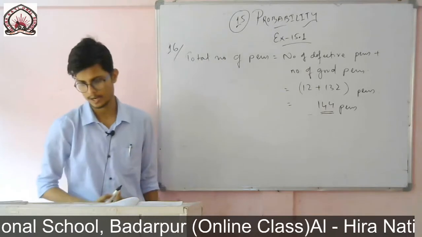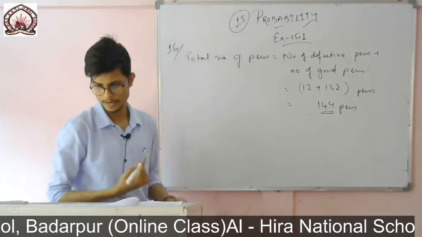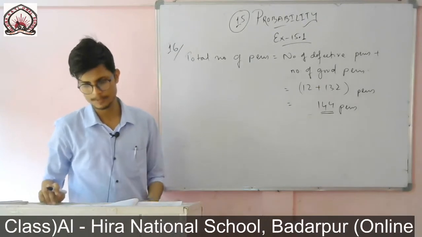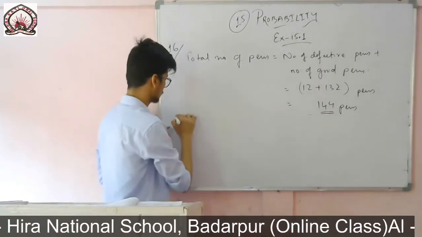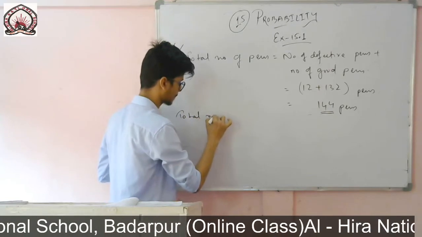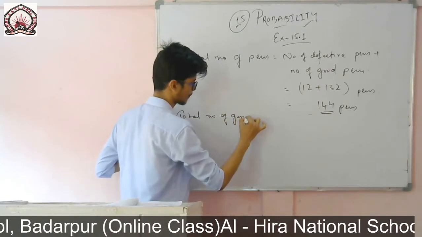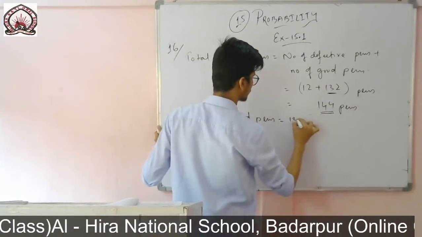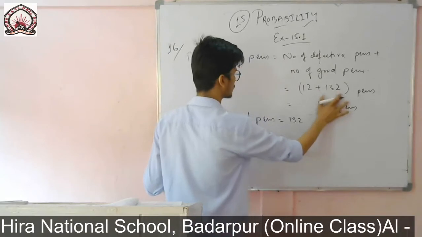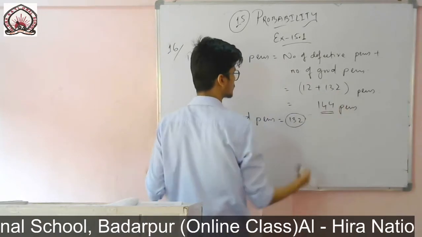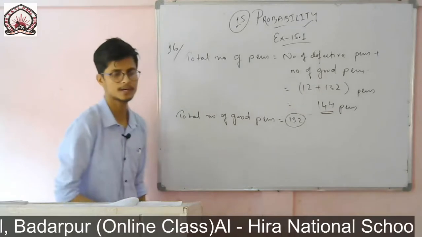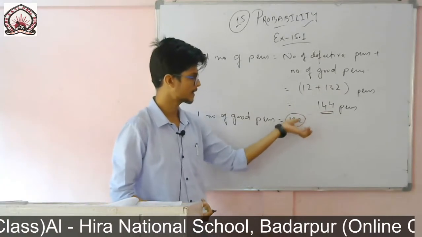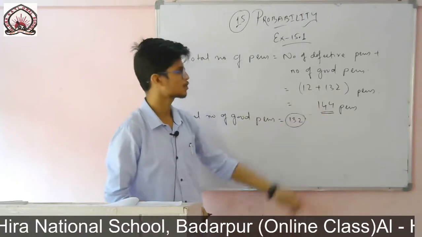The question is to find the probability of getting a good pen. How many good pens are there? The total number of good pens is 132. So this is our favorable outcome and this one is the total possible outcome, 144 pens. We know how to find the probability: simply divide the favorable outcome by the total possible outcome.